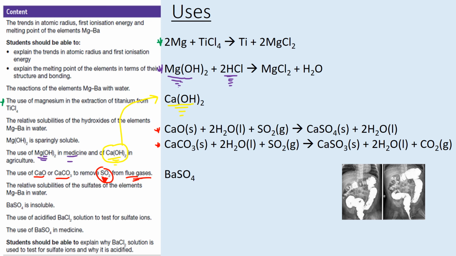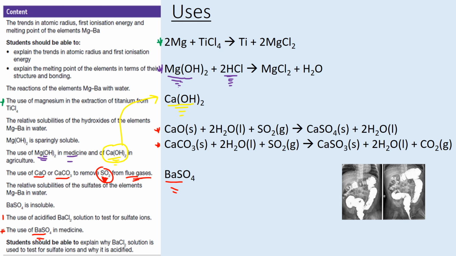Moving on, the use of BaSO4 in medicine. So this is often referred to as a barium meal, which a patient can drink before an X-ray, and it allows the doctors to take an X-ray, because BaSO4 being insoluble, it will block X-rays.